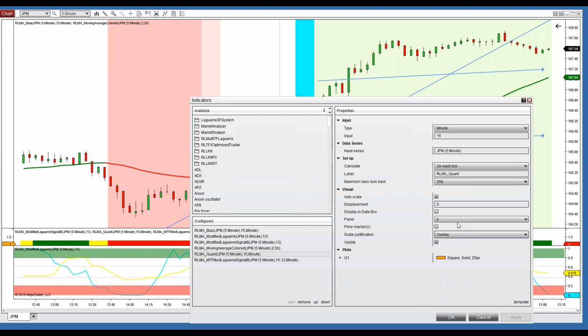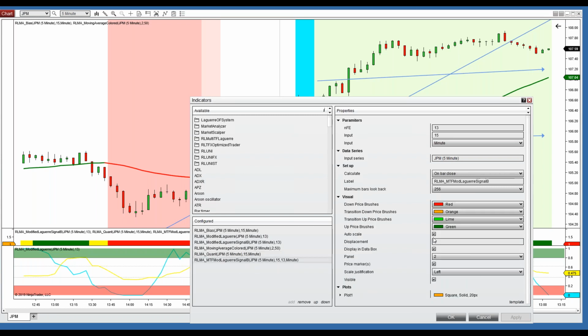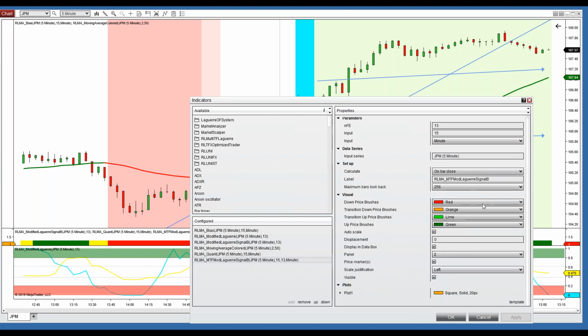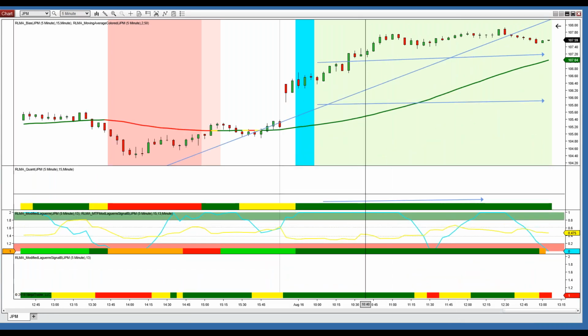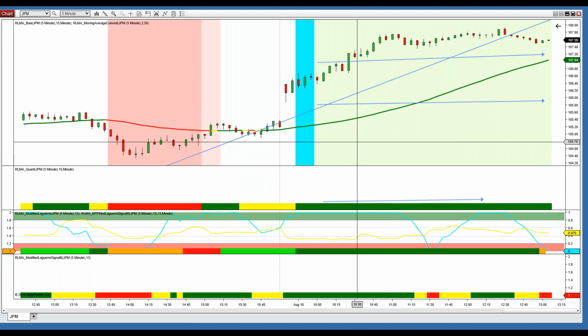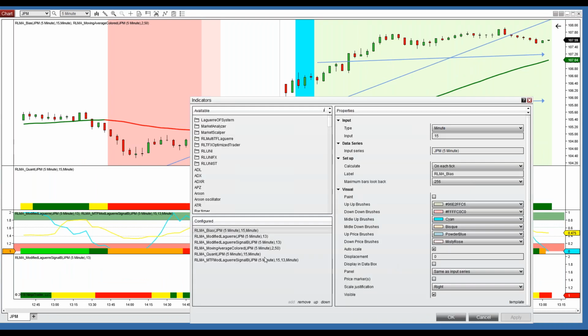The Quantum 2 modified Laguerre is going to be in panel 3. MTF Laguerre is in 3. The signal B is in 4. And then we're going to put the Laguerre in panel 5.